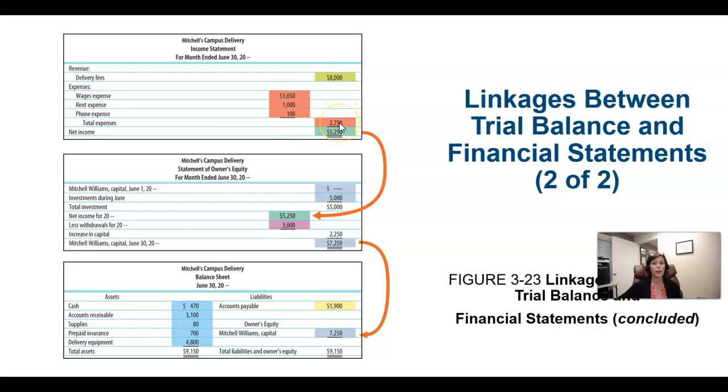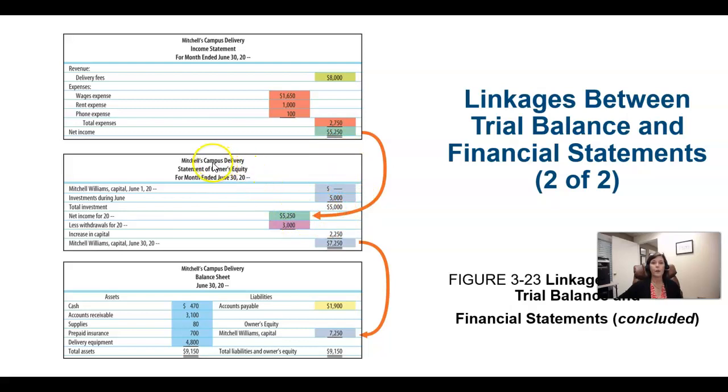We subtract our expenses from our revenue, and that gets us our net income. Now, the reason that we need to prepare this income statement first is that we need this net income figure to then prepare our statement of owner's equity. So we will plug the net income right off our income statement right into our statement of owner's equity.